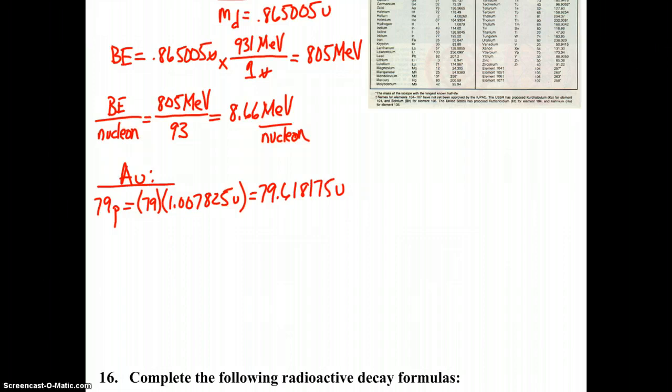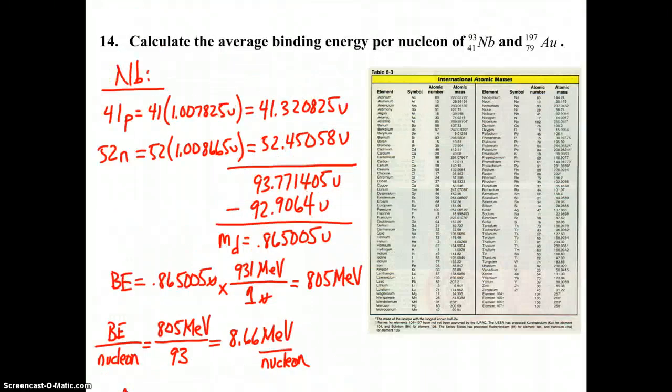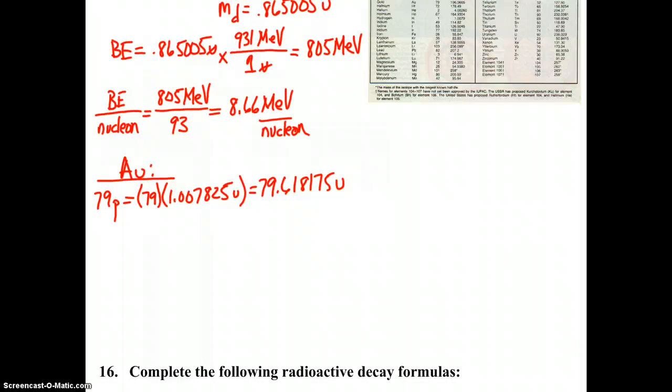All right, gold has a mass number of 197. So 197 minus 79 gives us 118 neutrons. So 118 times the mass of one neutron, 1.008665, gives us a total of 119.02247 u.